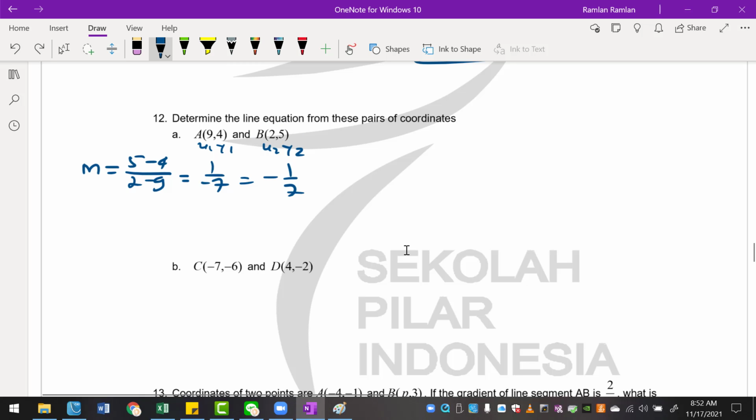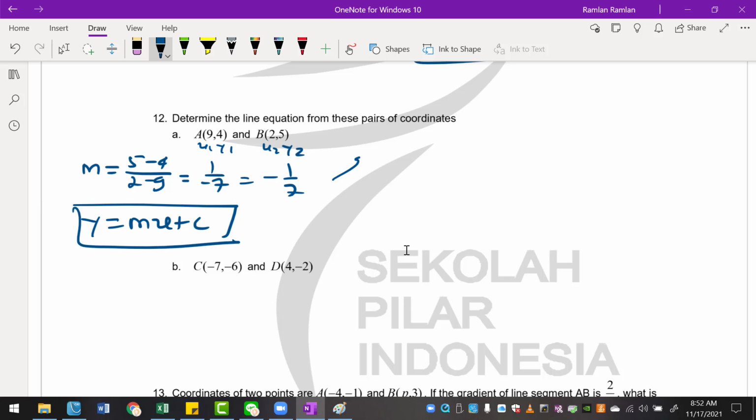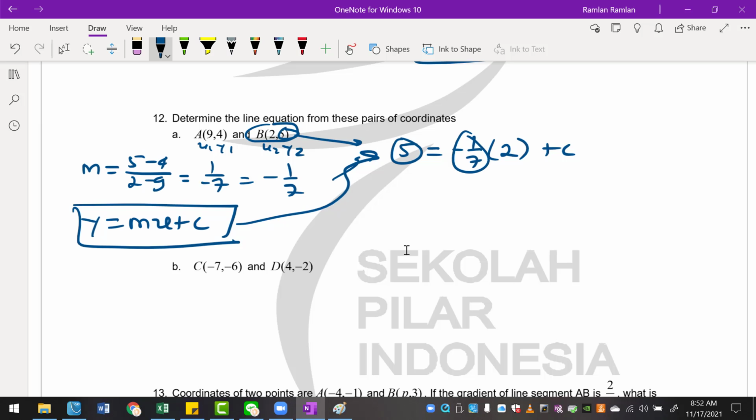If I put that into y equals mx plus c, and I choose this one here, that will be 5 equals minus 1 over 7 times 2 plus c. So I get the 5 from here, I get the minus 1 over 7 from here, and I get this 2 from here.